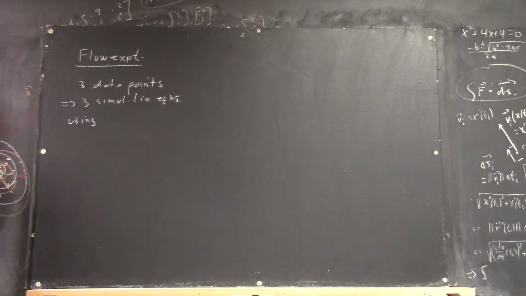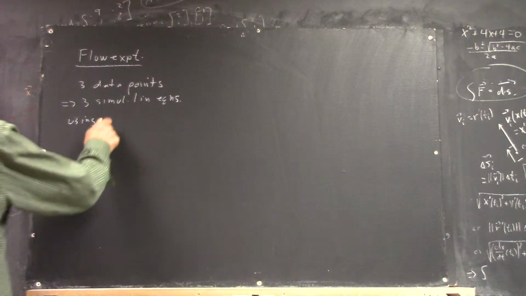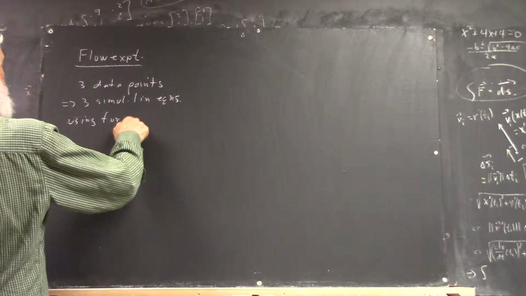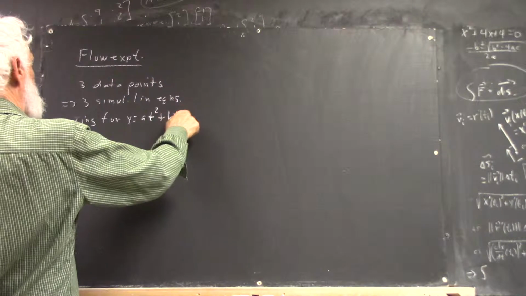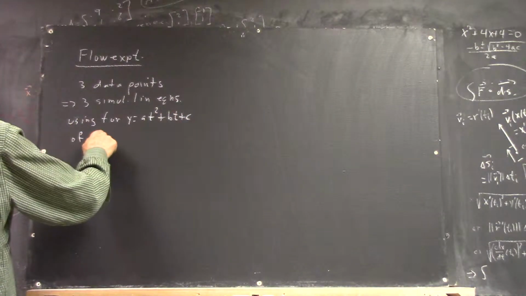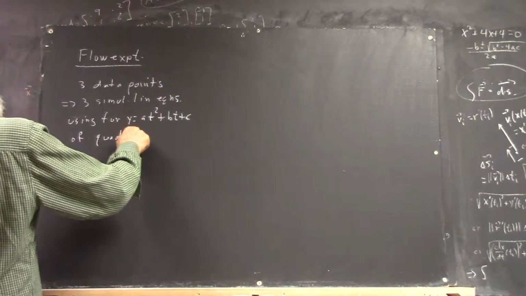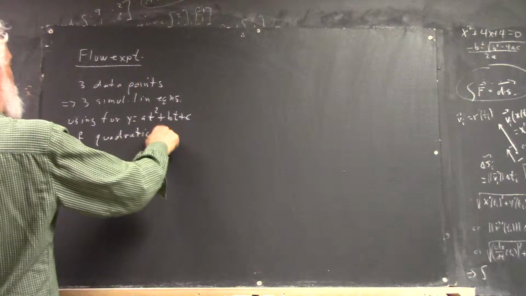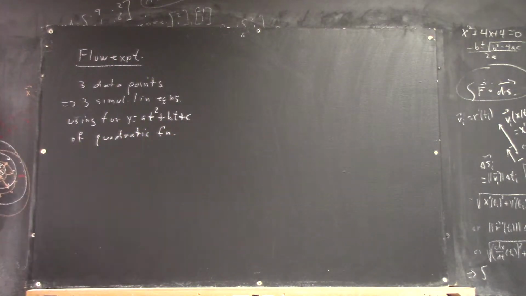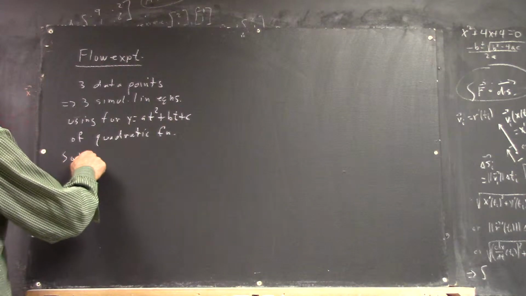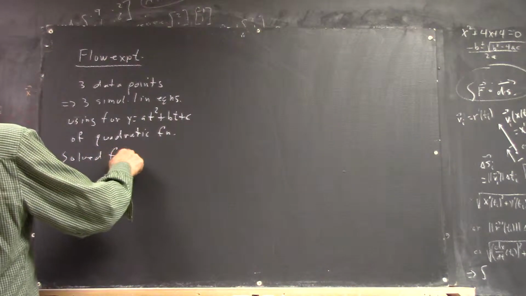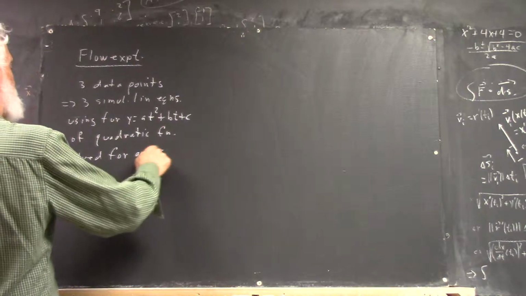We got 3 simultaneous linear equations using the form y equals at squared plus bt plus c of a quadratic function. We solve for a, b, and c.